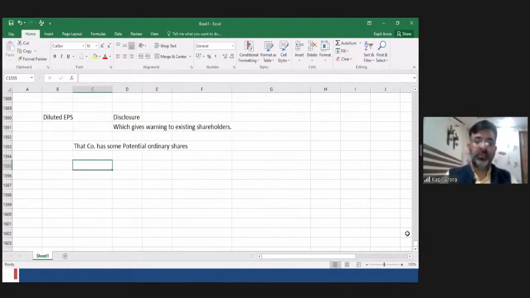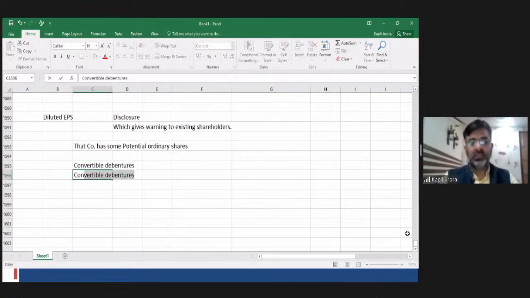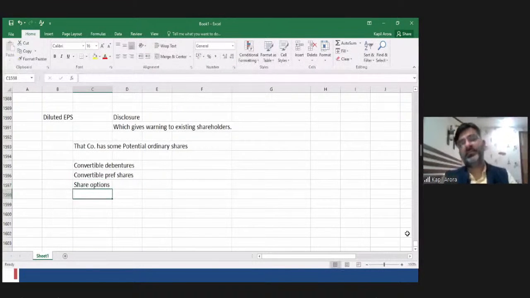Potential ordinary shares could be convertible debentures, convertible preference shares, share options, etc.